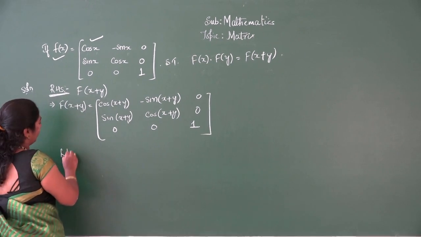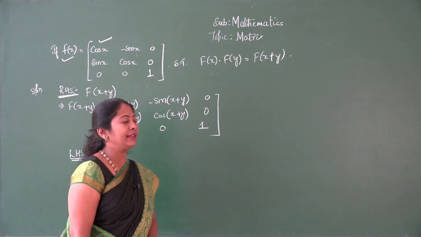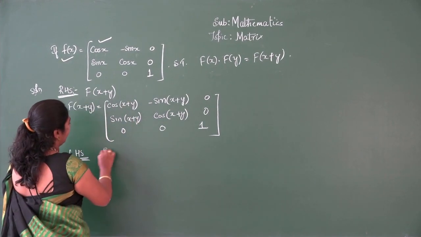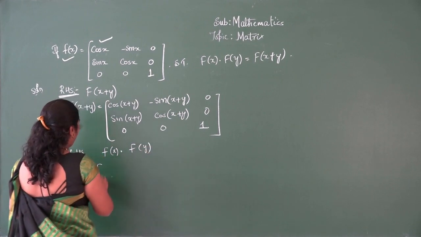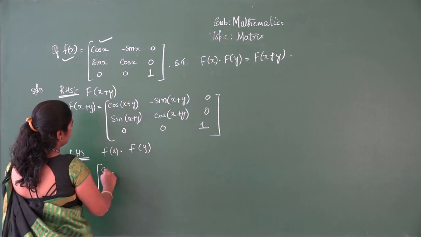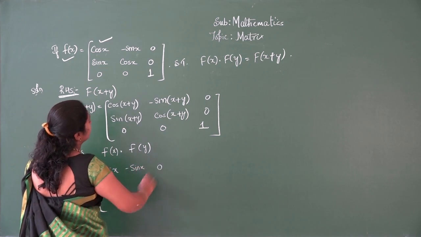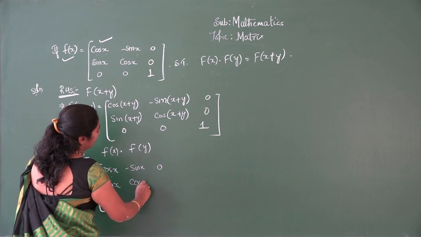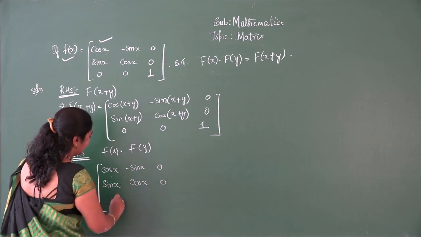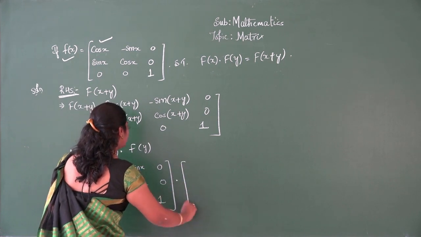What is LHS? That is f of x into f of y. What is f of x given in the question? Cos x, minus sin x, 0; sin x, cos x, 0; 0, 0, 1, into what is f of y?